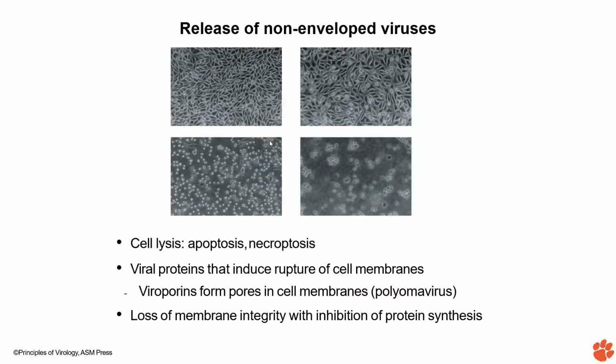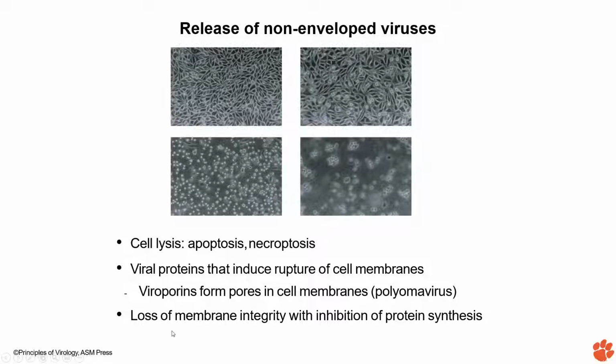All right. So the last part that we are talking about is the release of the non-enveloped viruses. Throughout, we talked about the enveloped viruses, and these are the naked viruses like adenoviruses or polioviruses. How do they do it? They basically lyse the cell by apoptosis or necroptosis. There are many viral proteins which rupture the cell membrane, like viroporins, and these viroporins make holes in the cell membrane like the polyomavirus does, and the cell will lose its integrity and lyse and release the virus.